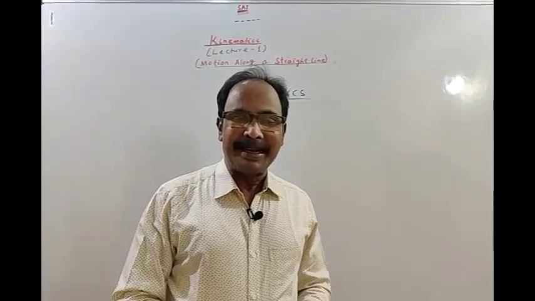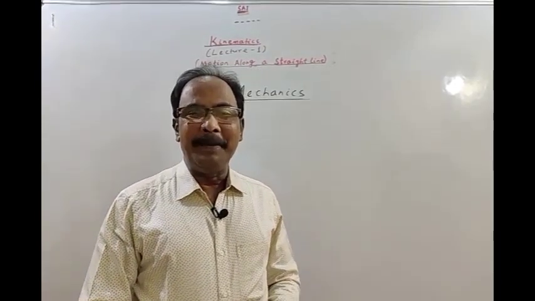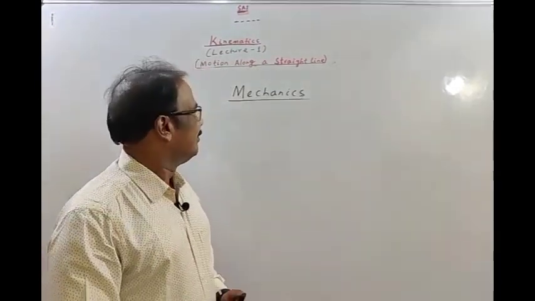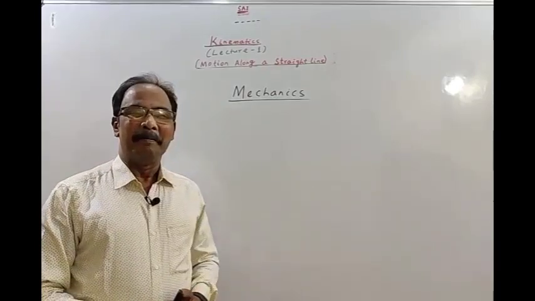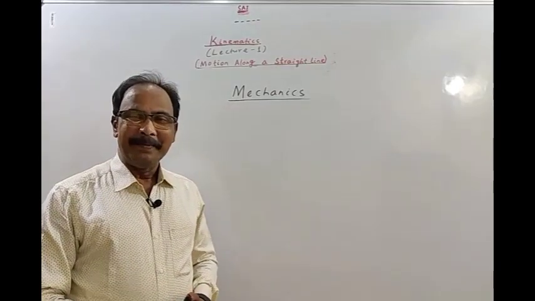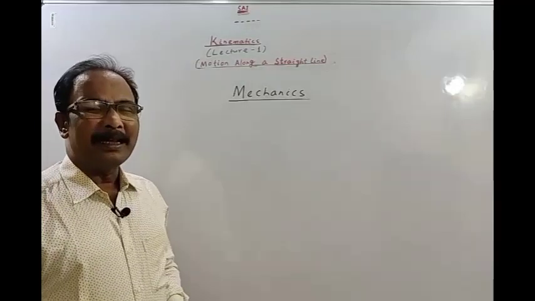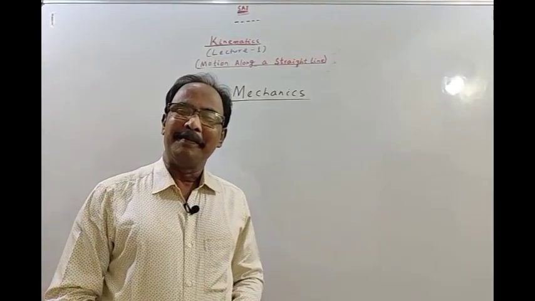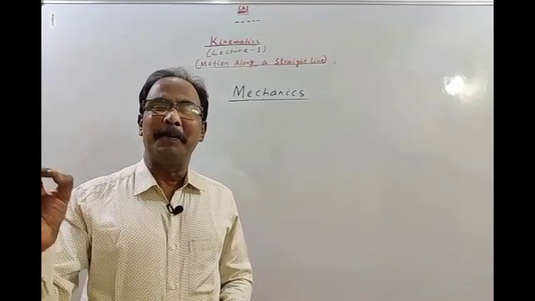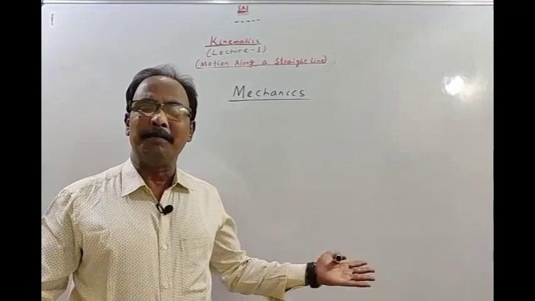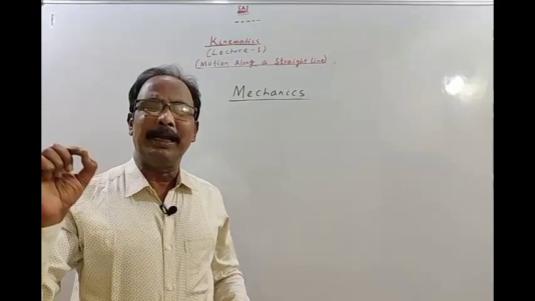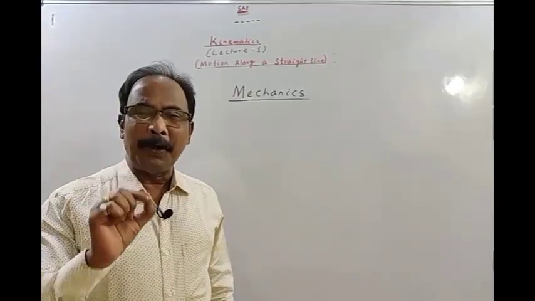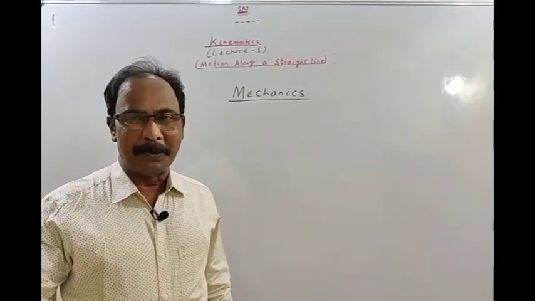Okay, let's start. Before going to kinematics, let's discuss the unit mechanics. Mechanics is the branch of physics which deals with rest and motion of a body or a system of bodies, as well as the study of the cause of motion.